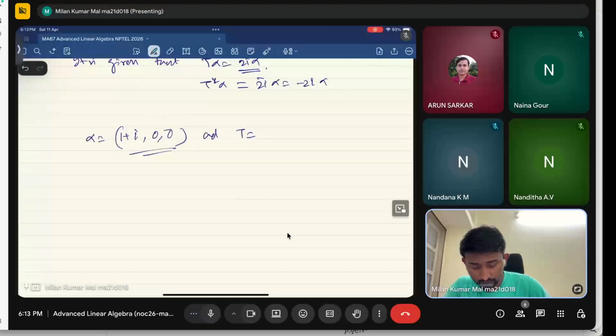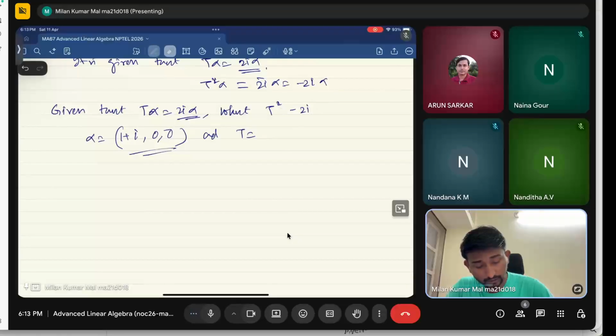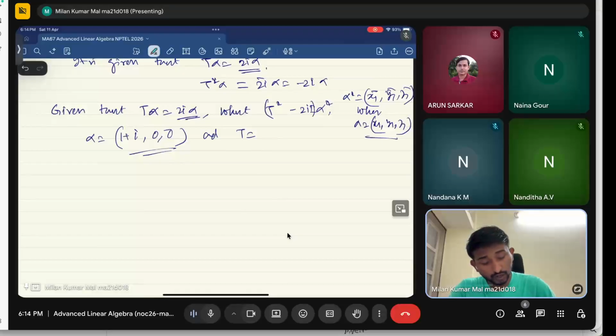Given that T alpha is equal to 2i times alpha, what about T star alpha minus 2i T star alpha star? Here alpha star is just the conjugate. Alpha star is x1 bar, y1 bar, z1 bar, whenever alpha is just x1, y1, z1. So now the question is, what about this?